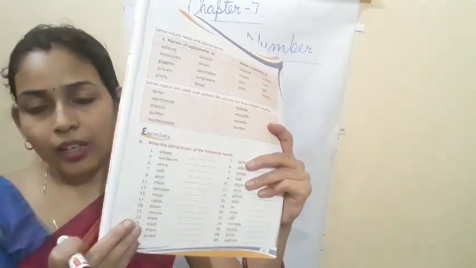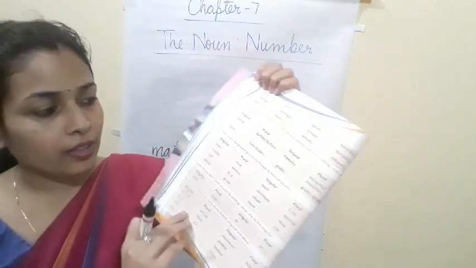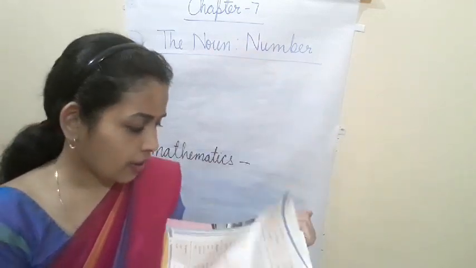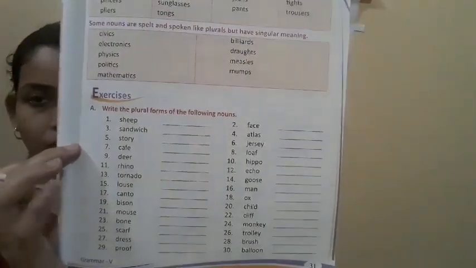Then you can match your answers and correct the wrong ones. You can take help from the singular and plural forms already given here. I hope you can complete this exercise easily. I will also upload this exercise on the school website.